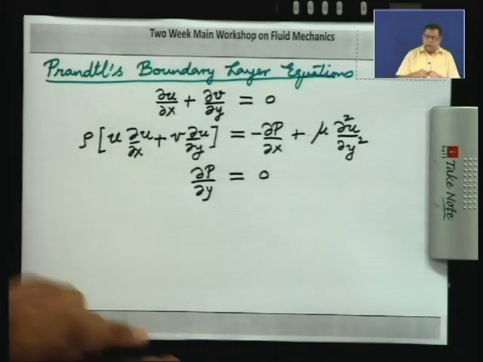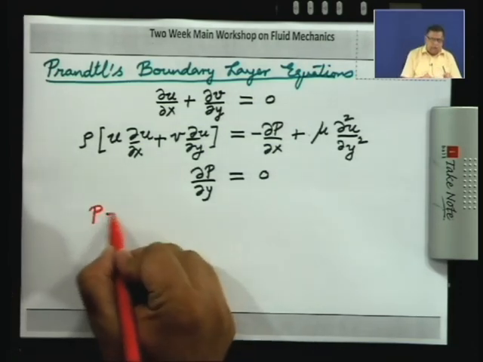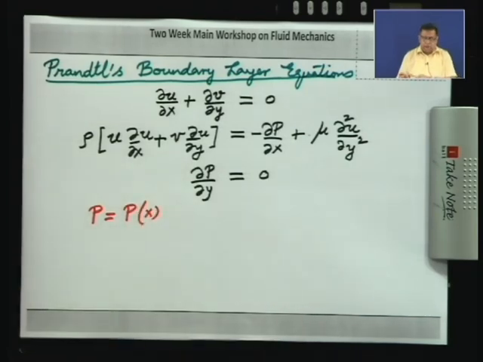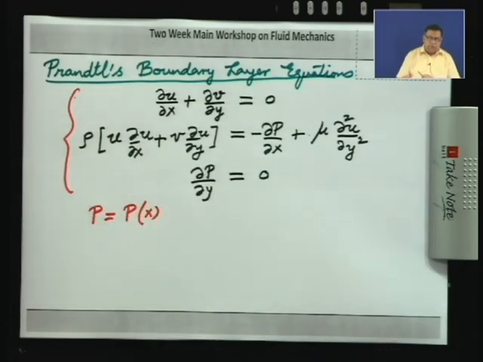Now, the third equation tells you that p does not vary with y. So, p is a function of x. Instead of writing the equation in this form, there is another alternative form which you will find.